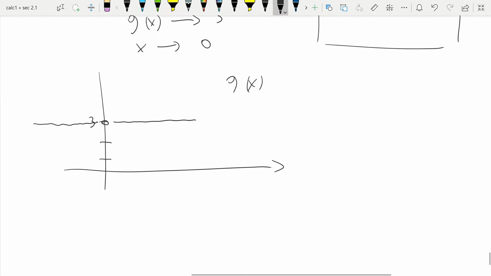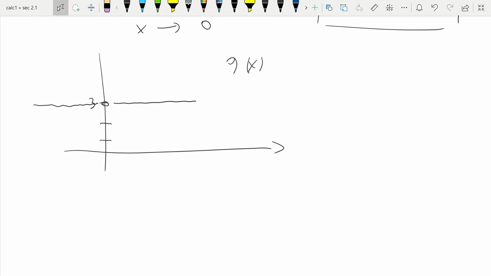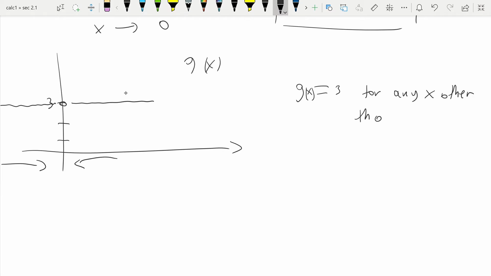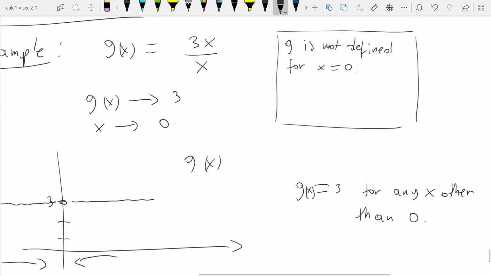So of course, if we are approaching 0 from the right or from the left, g will be approaching 3. In fact, it's constant equal to 3. So it certainly has a limit.